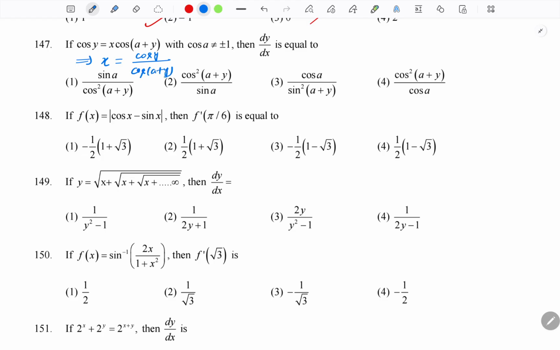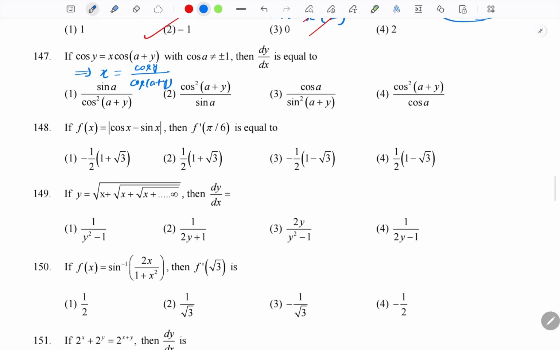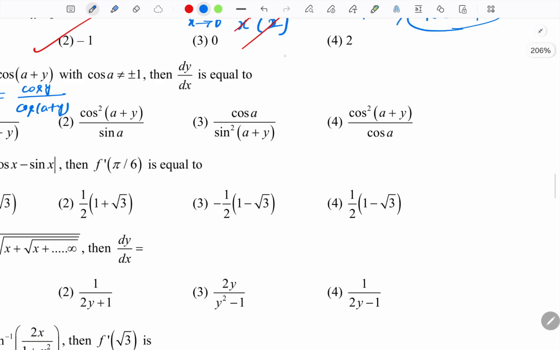This looks like u by v. What is the u by v derivative formula? Then if I differentiate, I will do the calculations for dx by dy, with respect to y. Cos y derivative is minus sin y times the denominator cos of a plus y, minus u, cos y, into v dash, the derivative of cos, which is minus sin of a plus y.